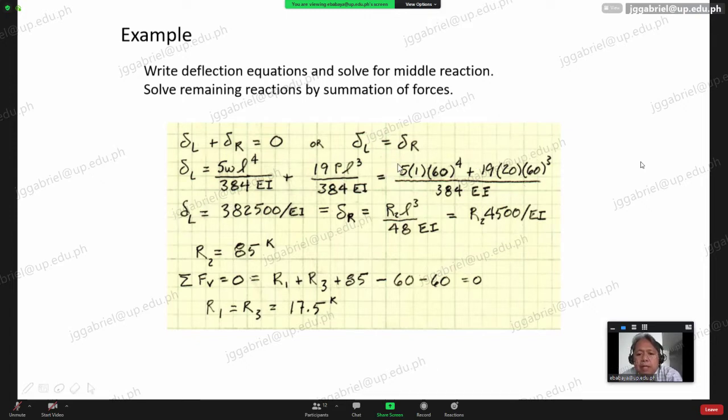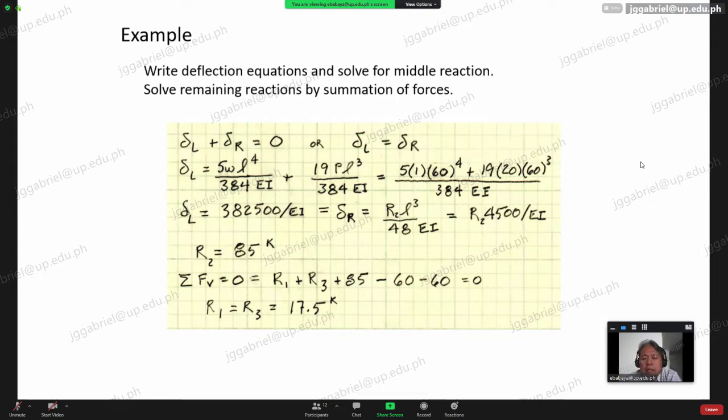If we simplify this, we have 382,500 over EI. Now that should be equated to the deflection due to the reaction forces, or support reactions. The equation for the deflection due to the redundant support is R2 L cube.